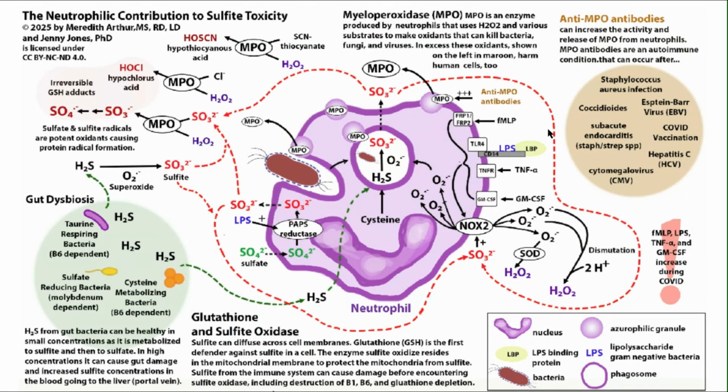Okay, so now we can see that sulfite causes a large amount of nutrient deficiencies. If that sulfite is happening right there in the portal vein, right where all the LPS is and all of the fMLP from bacteria is overexciting the neutrophils, then that would lead to more sulfite and then problems with all these cofactors.